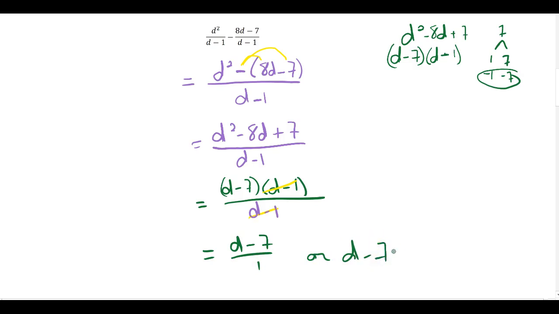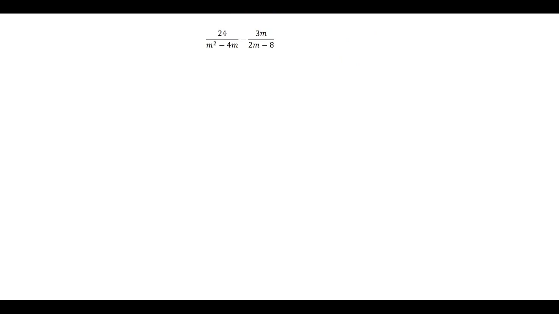Okay. Now, both of these already had the common denominator. Let's look at some that do not have common denominators to begin with, such as this one. We have 24 over m squared minus 4m minus 3m over 2m minus 8.